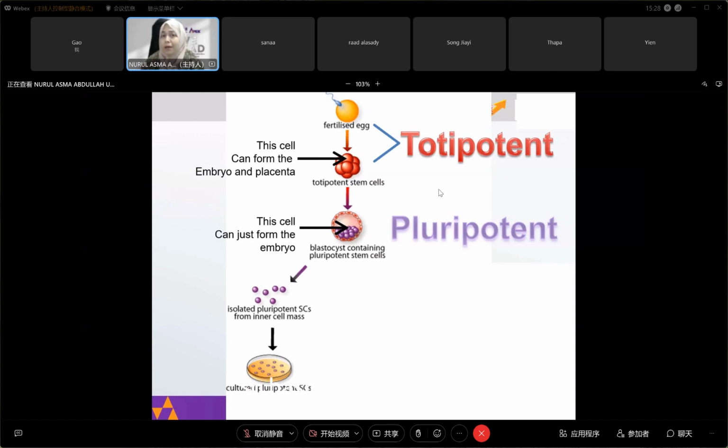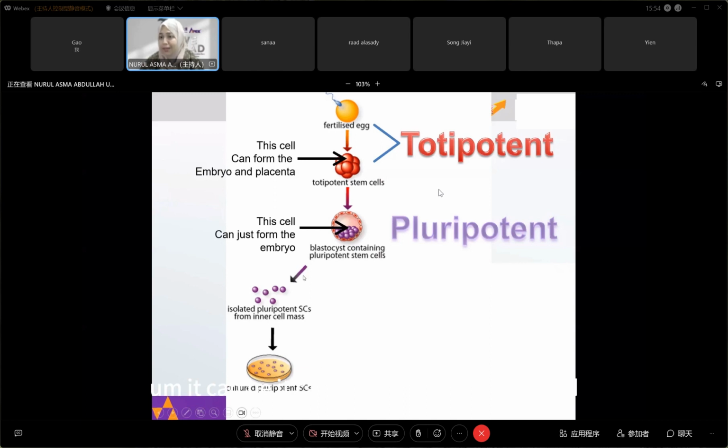I will explain this further in my next slides. There are various methods by which people can isolate the pluripotent stem cells.